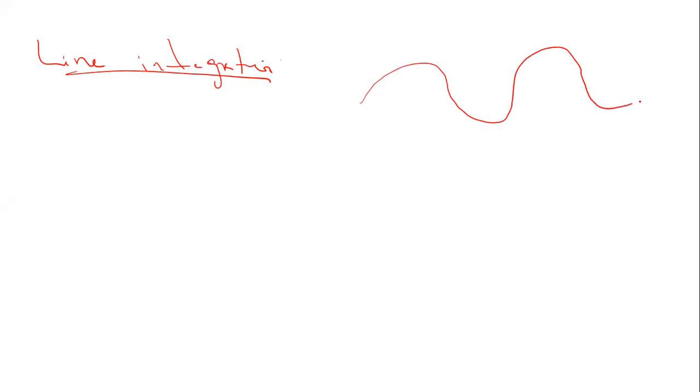So in vector integration, there can be basically three types of integration. One is called line integration. So when we talk about line integration, if you have a certain linear or nonlinear, whatever it may be, kind of curve, it could be a circle also, it could be an oval shape also.